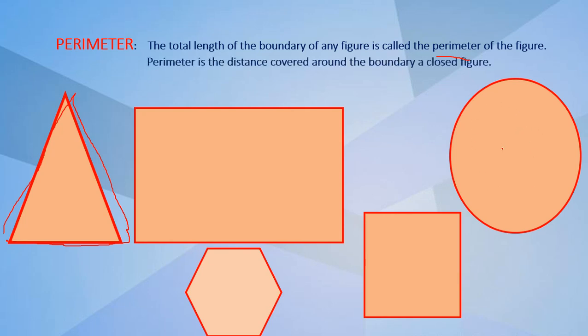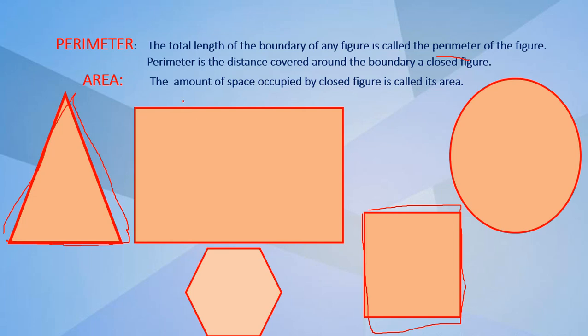In other terms, we can say the total distance covered around a closed figure is the perimeter. Also, in these figures, we observe some region inside the boundary of these figures, that is the area.